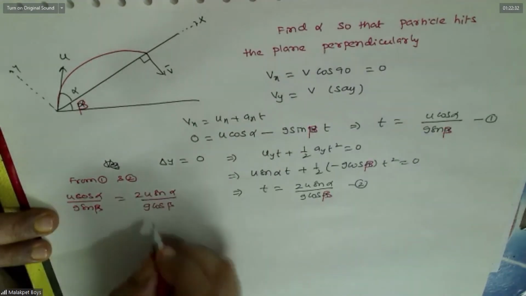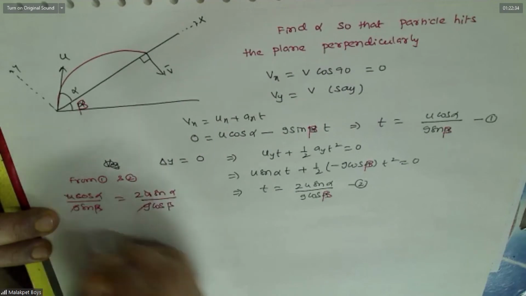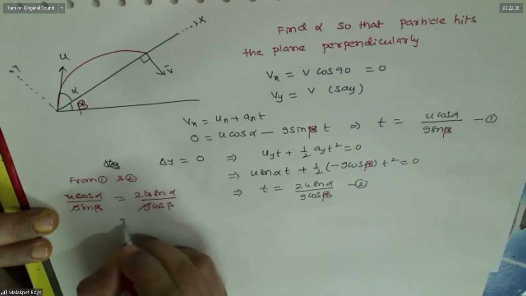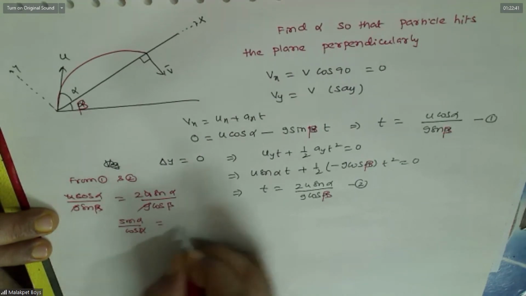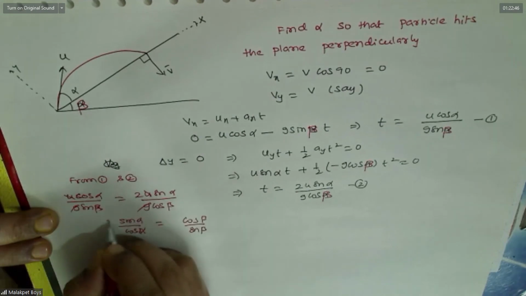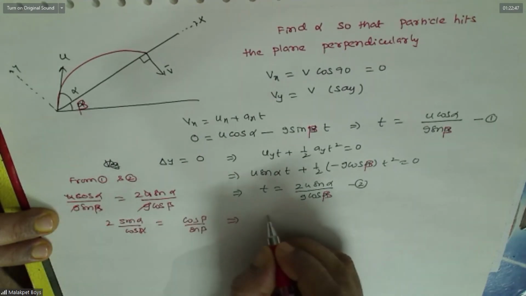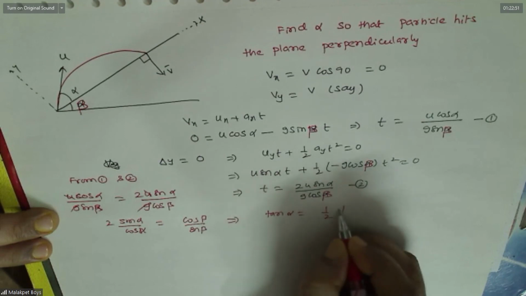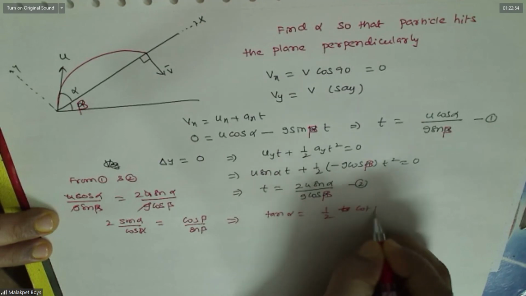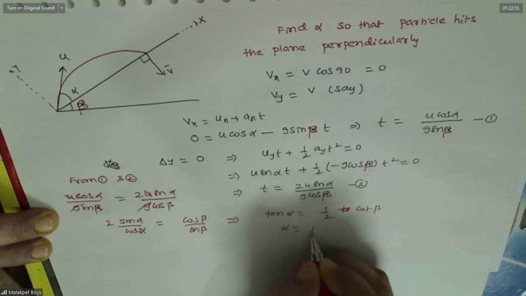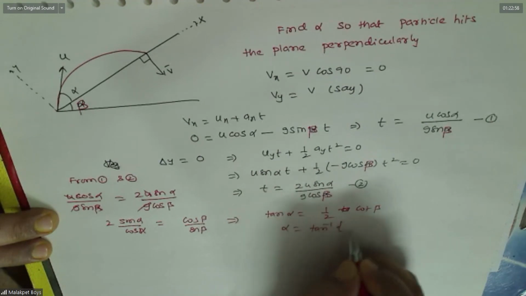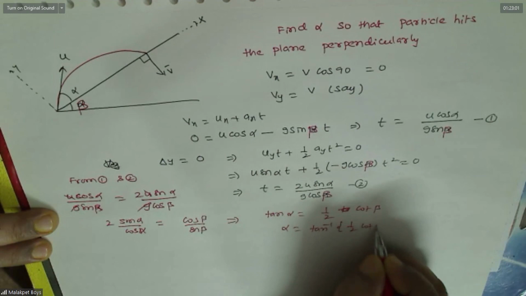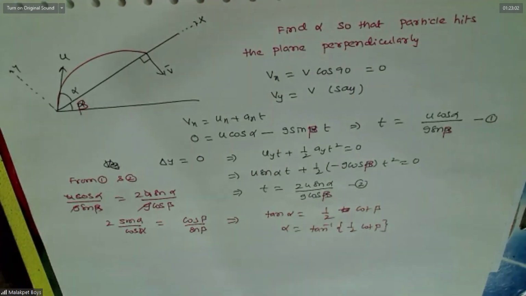Agreed? G will get cancelled. U will get cancelled. You bring this sin alpha by cos alpha equals cos beta by sin beta. We need angle of projection now. So what is the angle of projection? Any doubt till here?